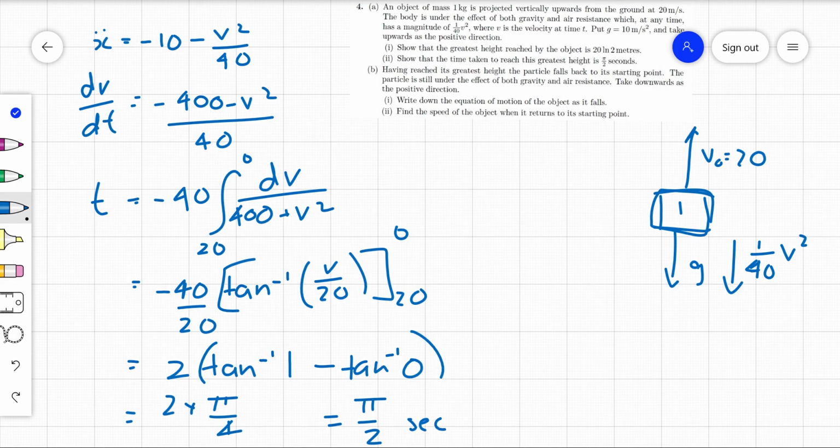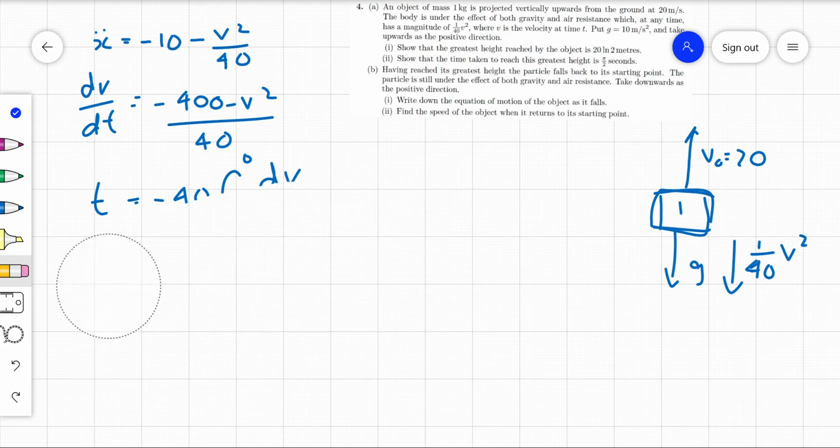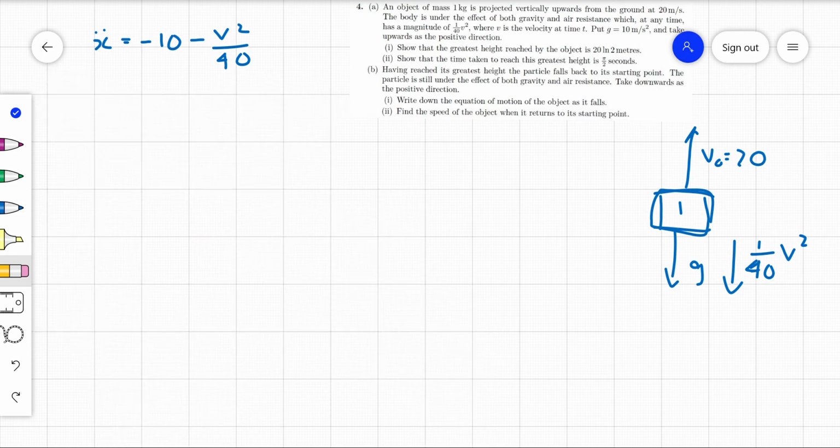All right, excuse me. So it reaches its maximum height and then it falls back towards the earth or the ground or wherever it is. So if we're looking at our new equation, because now positive is down, so we've got positive gravity going down, that's going to be positive, but again we've still got resistance, so resistance is opposite the direction of motion.